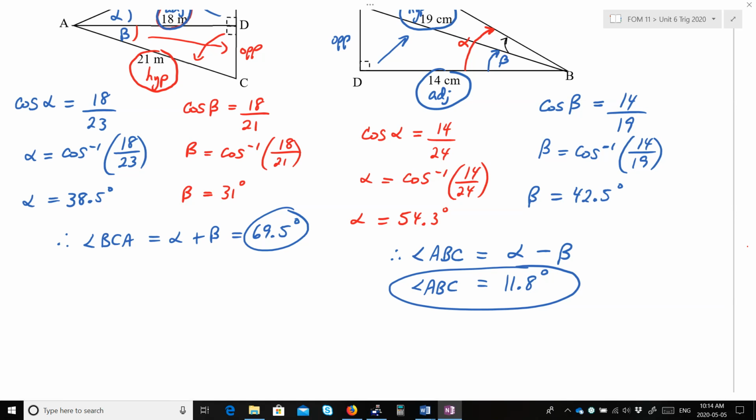Okay, and 2B in the answer key is 11.8 degrees, so perfect.